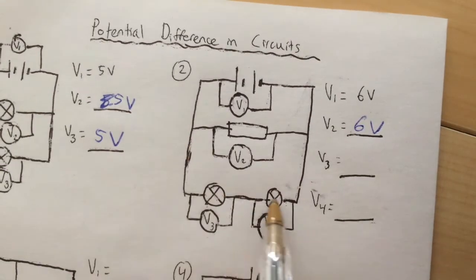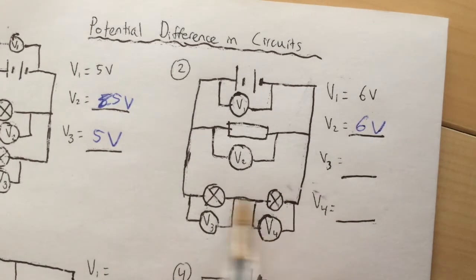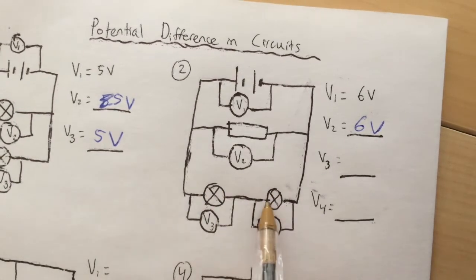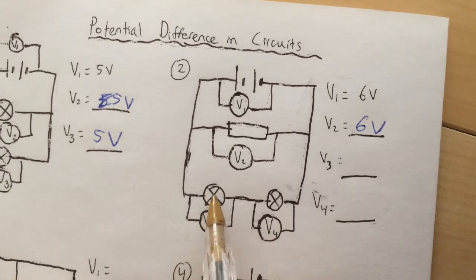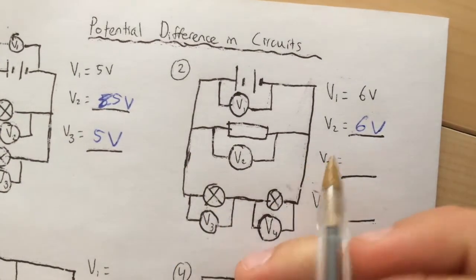Then these two components, these two bulbs, there are 6 volts across this branch. But on this branch, these two bulbs are in series. We could say they're in series with each other on that branch. So the potential difference will be shared between this bulb and this bulb because they are on the same branch.